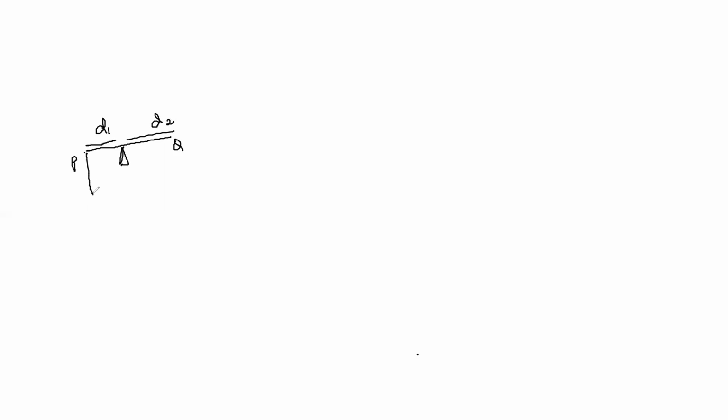Suppose you take two objects which are hanged at P and Q. Here the weight at this point is taken as mg, so F1 is equal to mg, and here the force F2. When two bodies are suspended, this tries to pull this object in this direction and this tends to move along this direction.